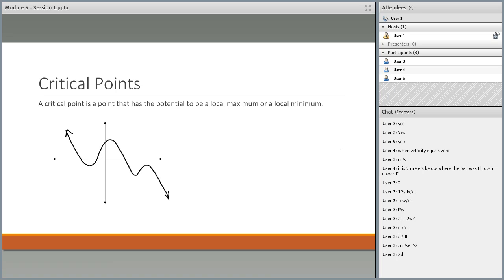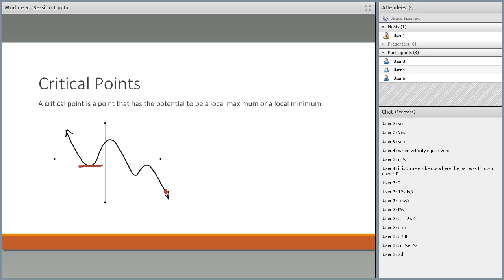And what I mean by local maximum and local minimum is right here. This is a local minimum. It means that it's the lowest point of all the points around it. Because really, this point over here is lower, so that's more of a minimum than this point is.